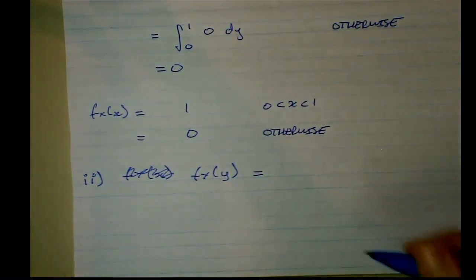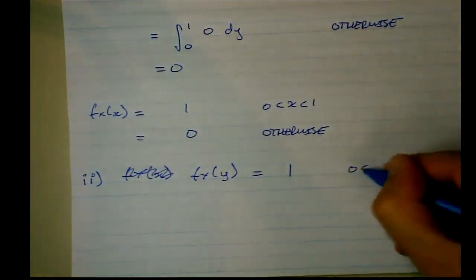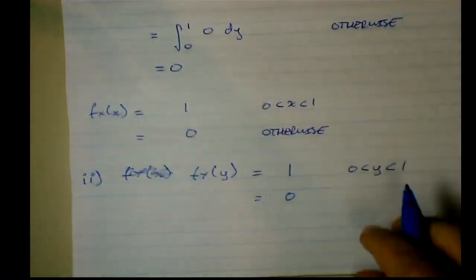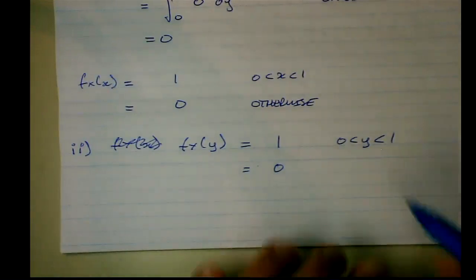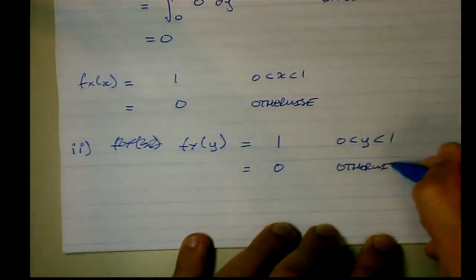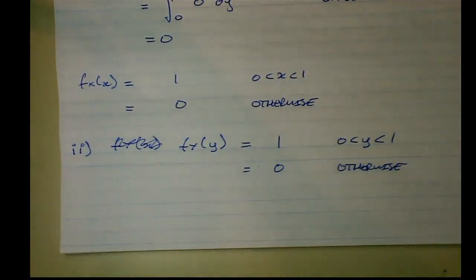It's all symmetric. So the marginal distribution of y is 1 if y is between 0 and 1, and it's 0 otherwise. That's because of the symmetry in the question. Otherwise, you'd have to work it out again. I'm going to skip that because it would just be exactly the same as part 1.